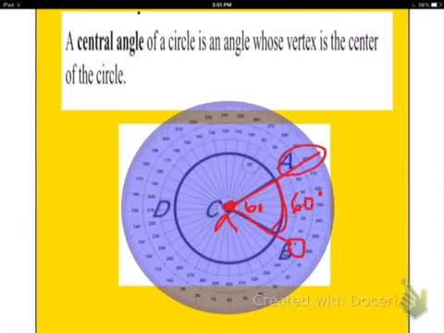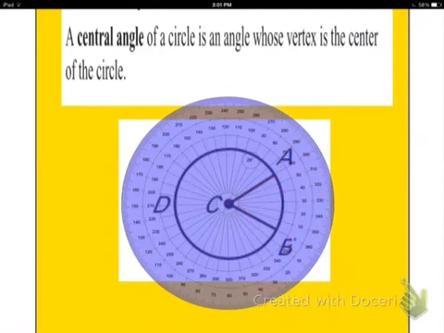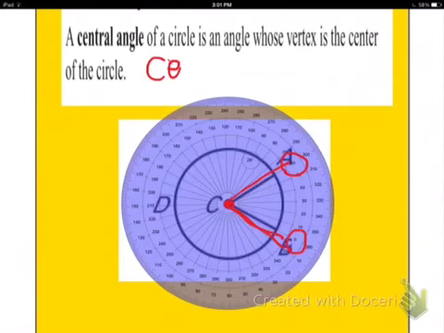So your central angles are going to be equal to the arc that they intercept. Again, match up 0 on one side of your angle, and the other side matches with the number. Central angles equal the arc.